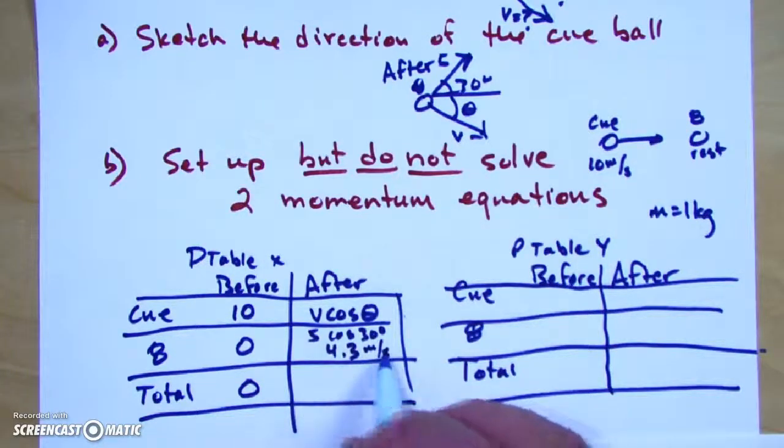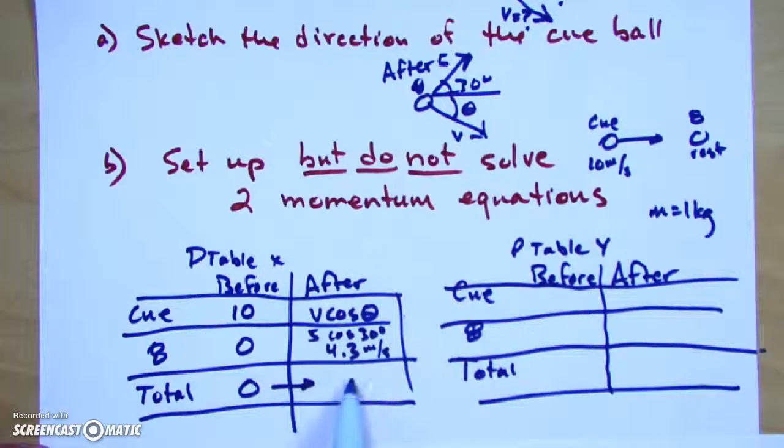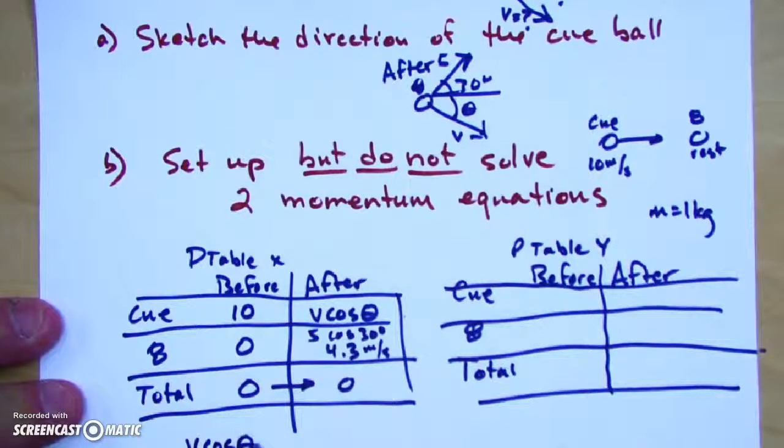So I have 4.3 meters per second. But here's the key thing. Since momentum has to be conserved, that's got to add up to 0. So what I have here is v cosine of theta plus 4.3 has to equal 0. That's one equation, but it's got 2 unknowns, so I can't solve it.